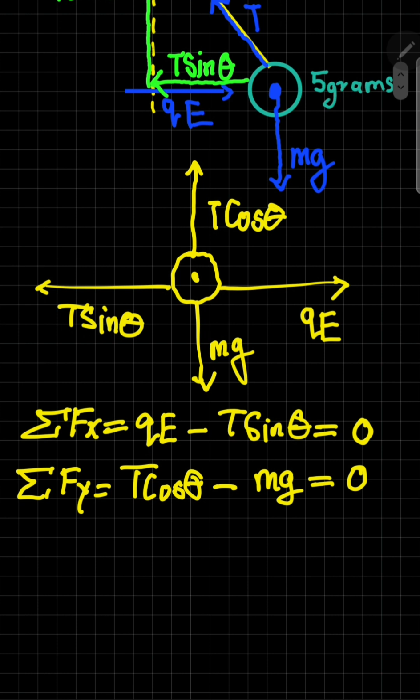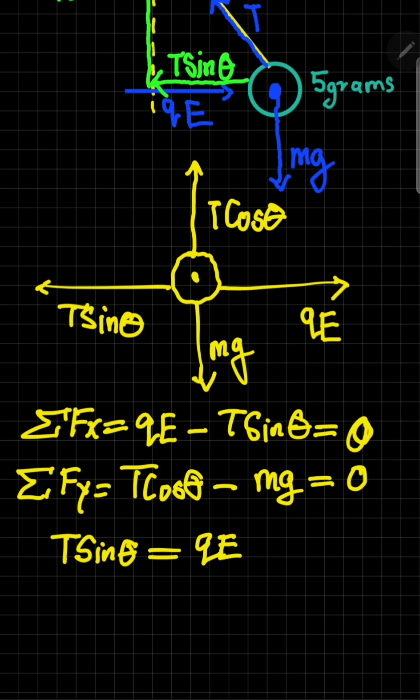Right, so from the first equation here, which is in the x, we can get the formula. The tension in the x direction has to be equal to the electric force that is also acting in the x direction, so that once we add those two, since they're in different directions, they sum up to 0.